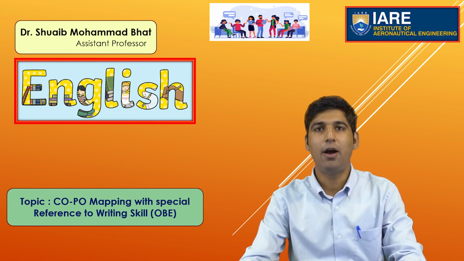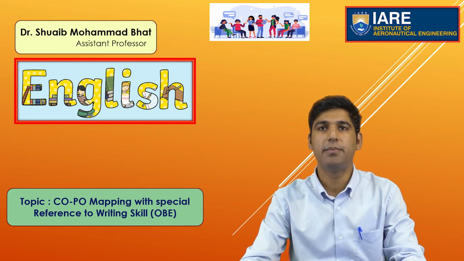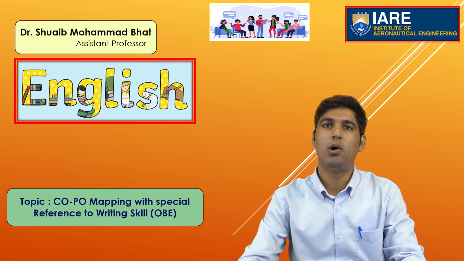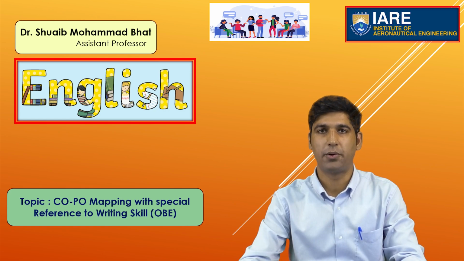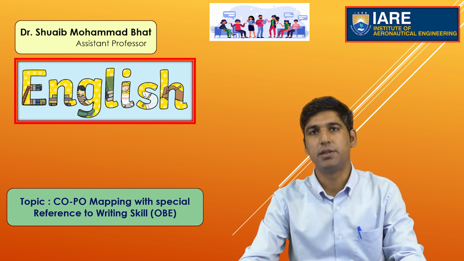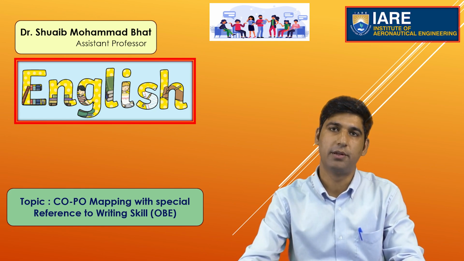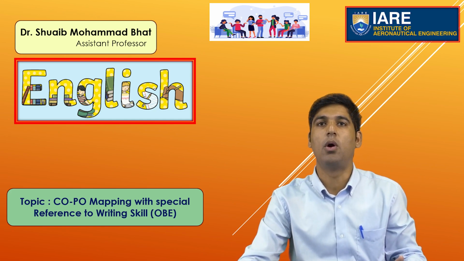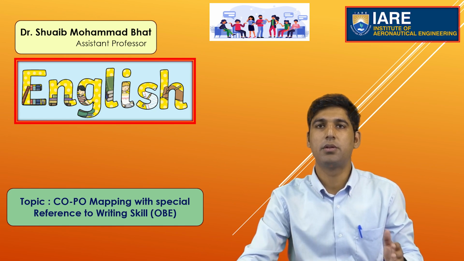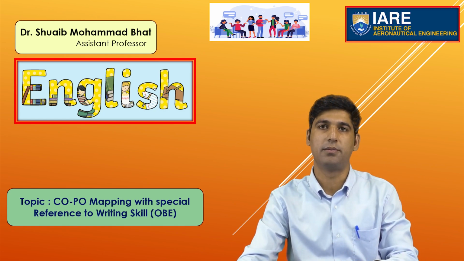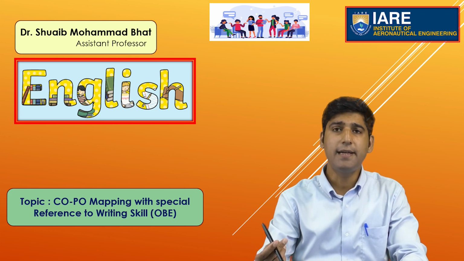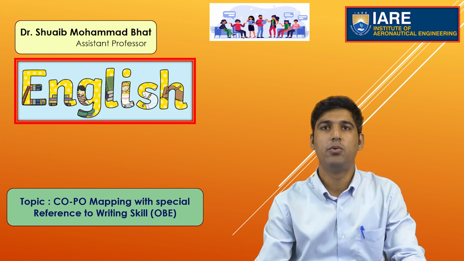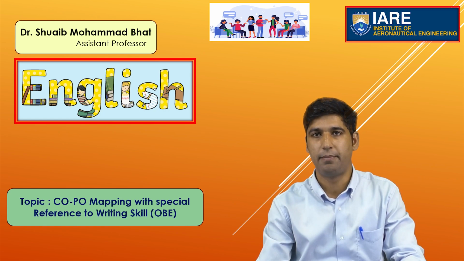According to outcome-based education, every program has certain outcomes, and all the courses under the program should align their outcomes to the program outcomes. These course outcomes should not be contrary to, but should follow, the program outcomes. So let's see how the course outcomes of module 5 are mapped with the program outcomes.